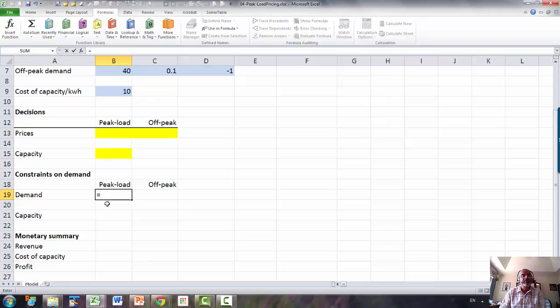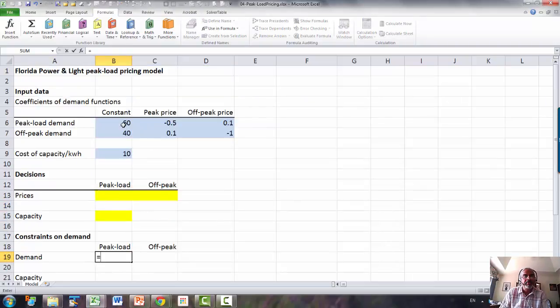So demand is, okay, so the peak constant, plus the peak price coefficient, so we'll multiply that with the peak load price, plus the off-peak price coefficient times the off-peak price.